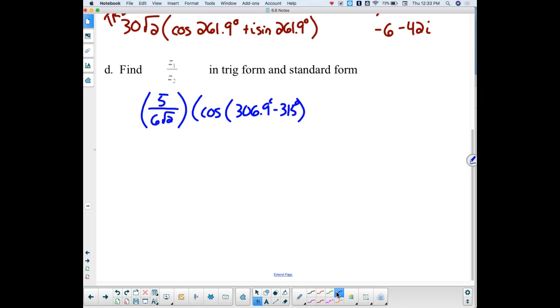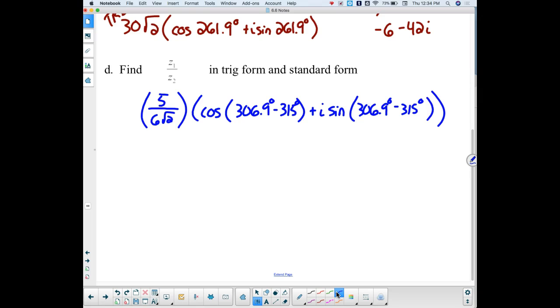Both of those were in degrees. Plus i times the sine of 306.9 minus 315. Okay. And so that one, do I like the fraction 5 over 6 square roots of 2?